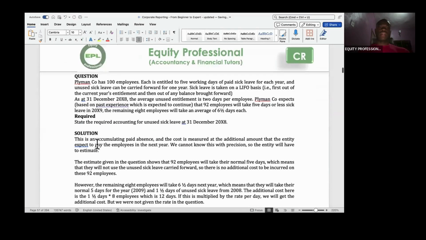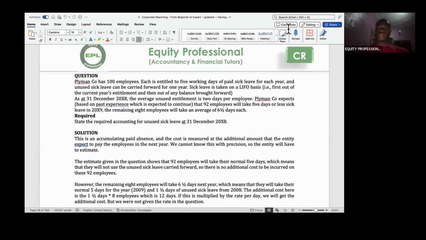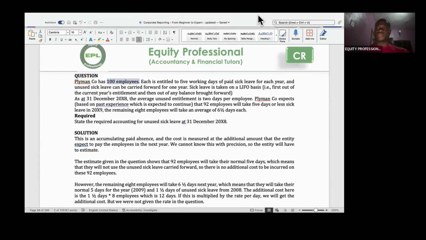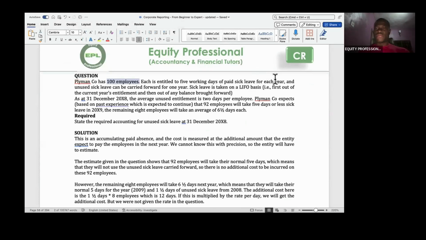Okay, let's look at this particular question. So it says that the Plyman Co. has 100 employees. Each is entitled to 5 working days of paid sick leave for each year, and unused sick leave can be carried forward for 1 year.